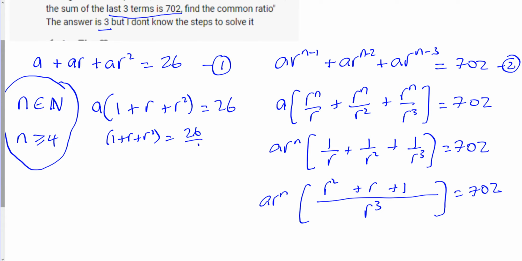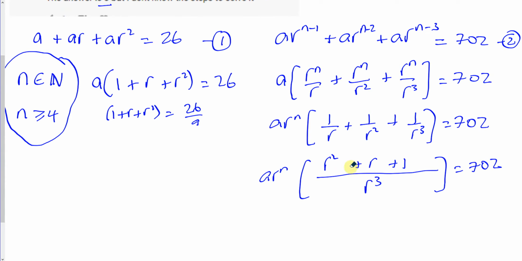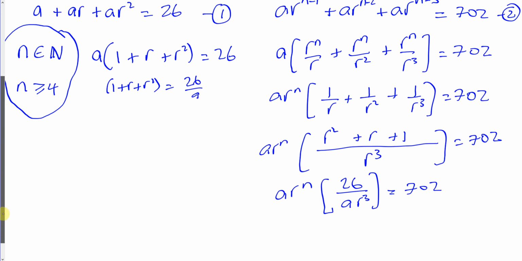Replacing it, I'm left with a r to the power of n times 26 over a, then I've got the r cubed there already, and that's equal to 702. Now it's looking a bit more friendly.